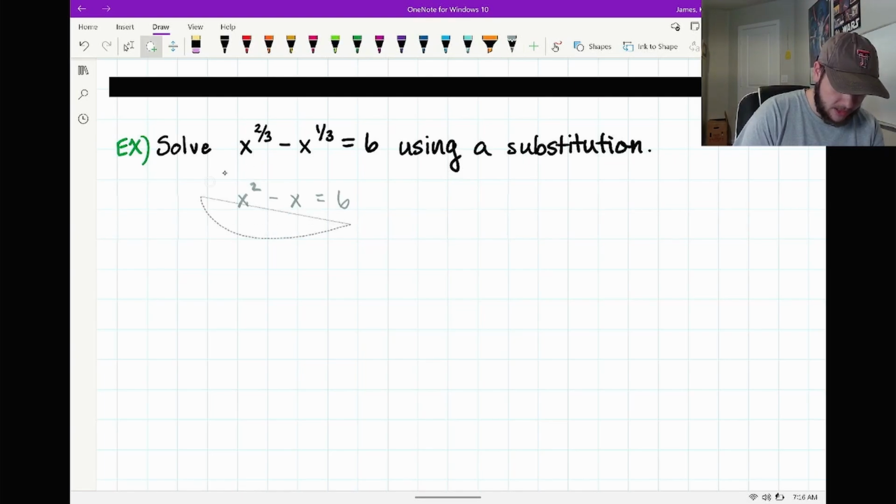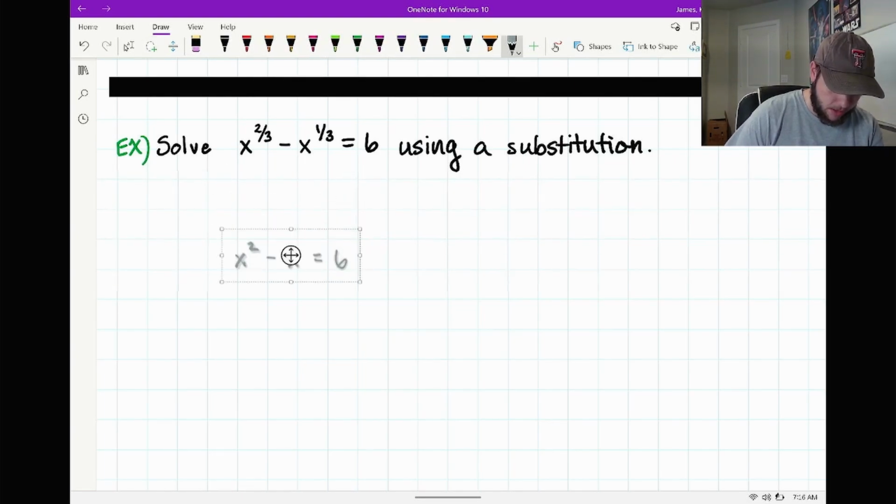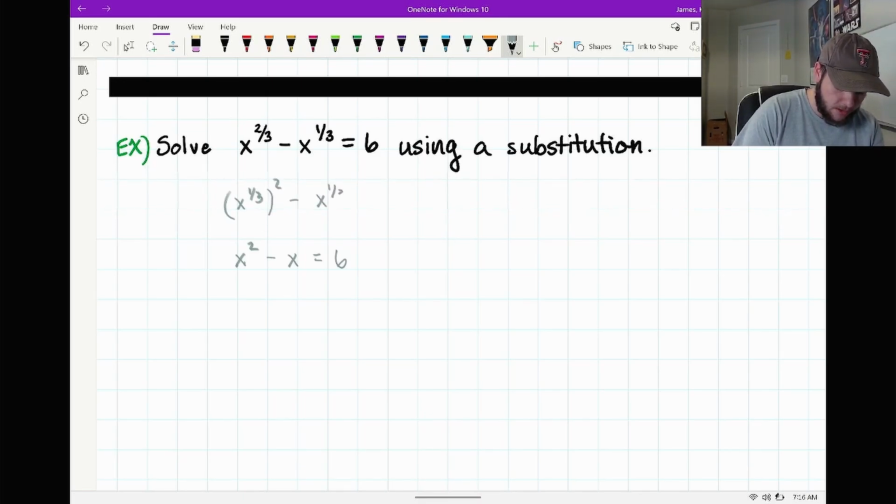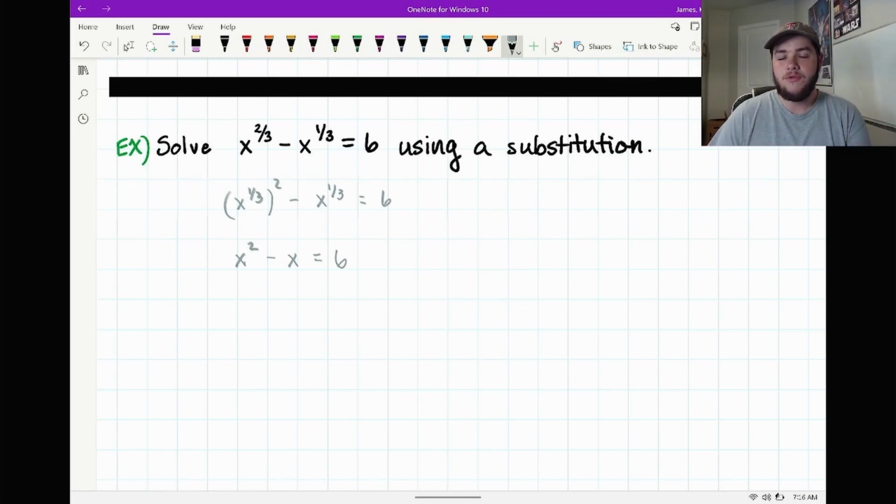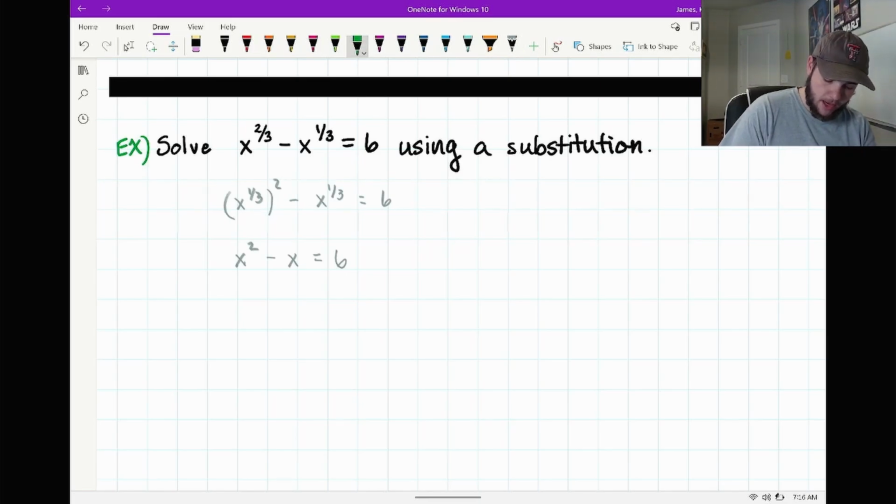In other words, there's kind of this intermediate step here where I've got x to the 1/3 squared minus x to the 1/3 to the 1 equals 6. So it's that x to the 1/3 power that's giving me trouble. So I'm going to call it something else. I'm going to call it u. Let's let u equal x to the 1/3.